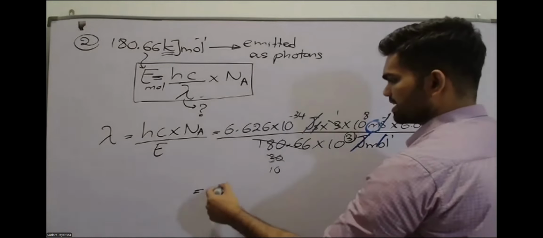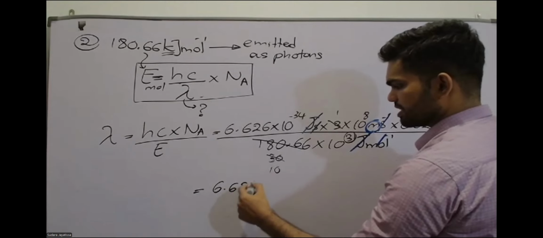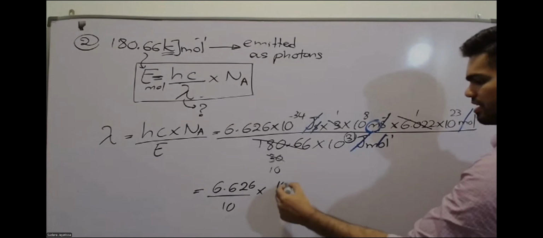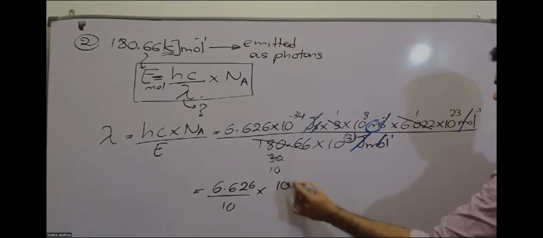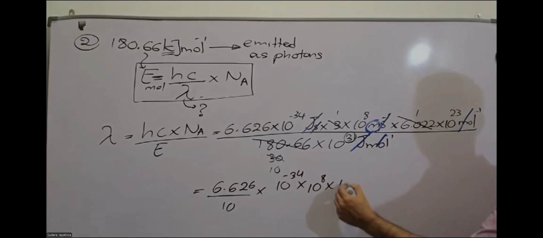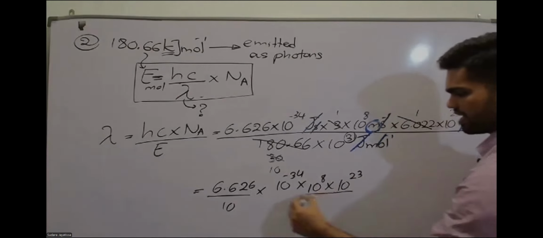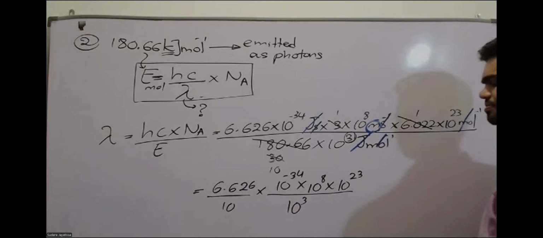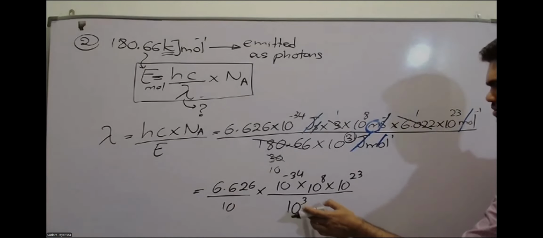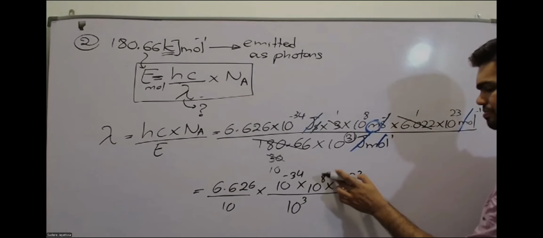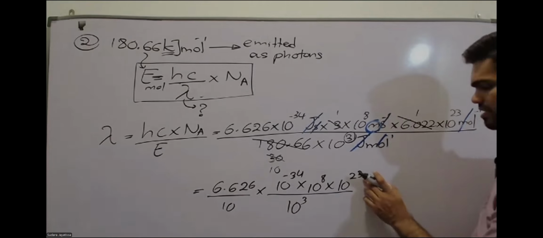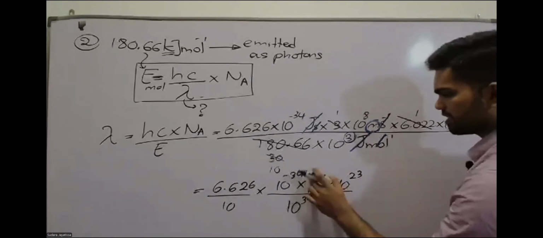So you'll be getting 6.626 over 10, and for the powers, 10 to the power 34 minus 34, and 10 to the power 8, 10 to the power 23, and down here you have 10 to the power 3. So I'm going to put this 10 here, so 10 to the power 4, and here another 4, 27, and 4 and 10 to the power minus 7.